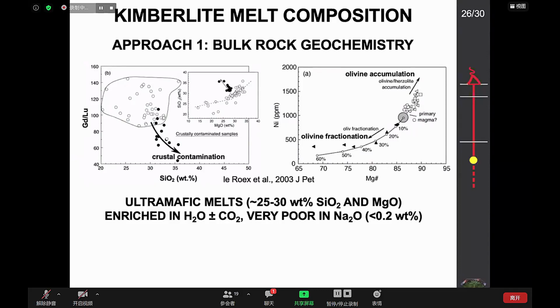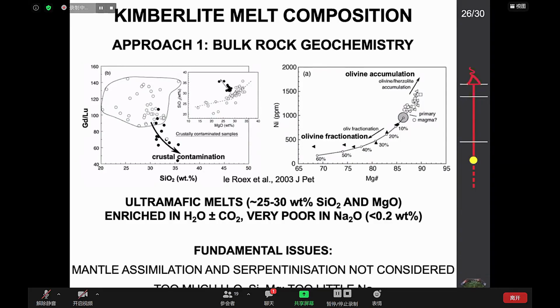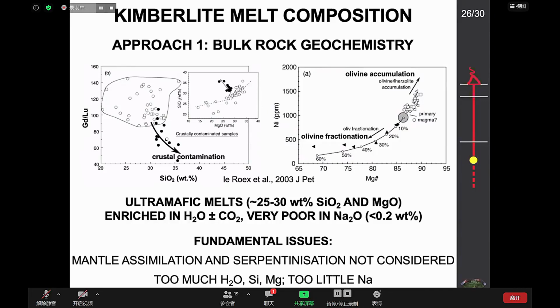If you just follow the previous part of my talk, it's quite evident that this approach has some fundamental issues. It doesn't take into account mantle assimilation. It doesn't take into account serpentinization. Indeed, not surprisingly, this approach widely overestimates water, silica, and magnesium, and widely underestimates sodium.